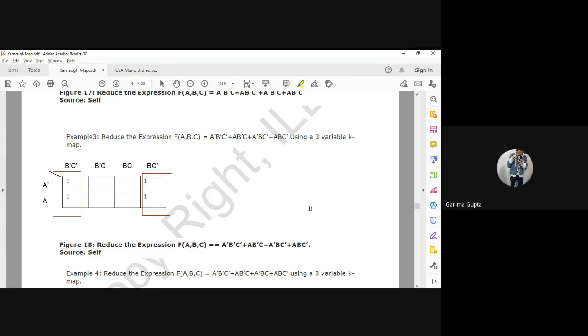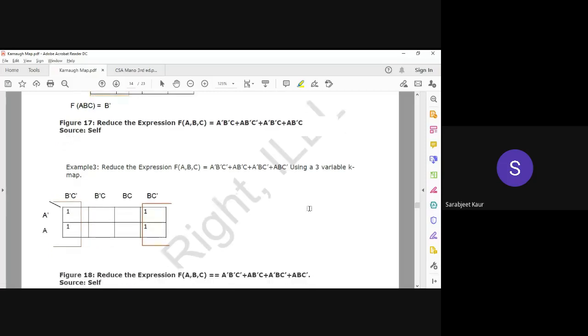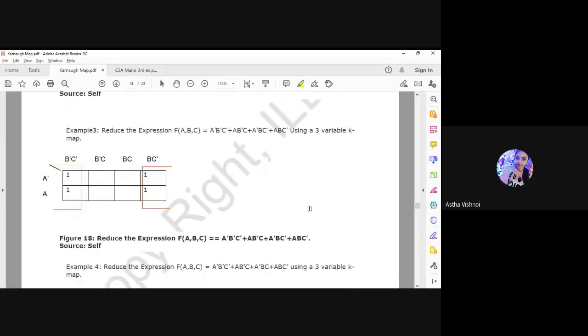So let us see, what are you getting? C dash. Is this the Karnaugh map that you get? Yes, because the first number is actually 000, that is 0. Then 101, that is 5. Then 010, that is 2. So this is 0, 1, 2, right?